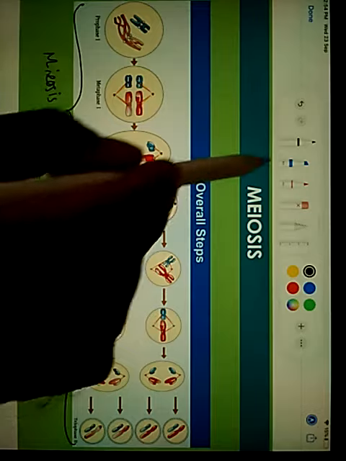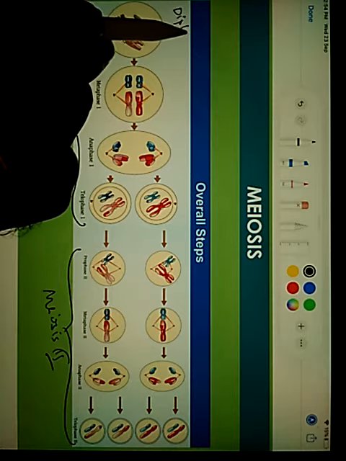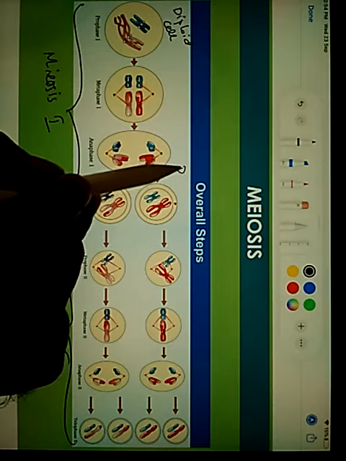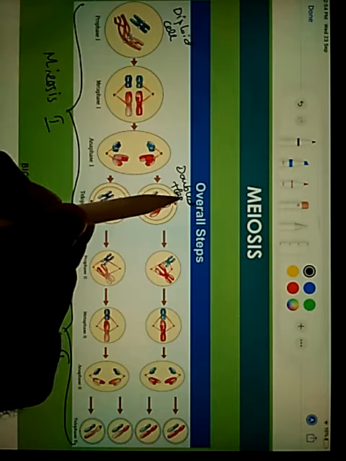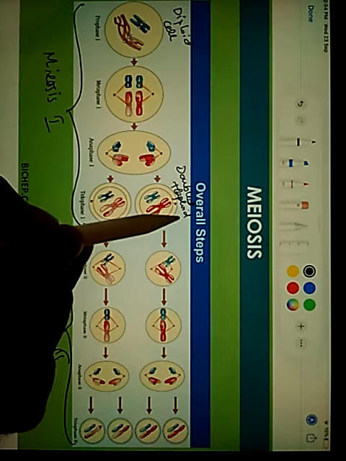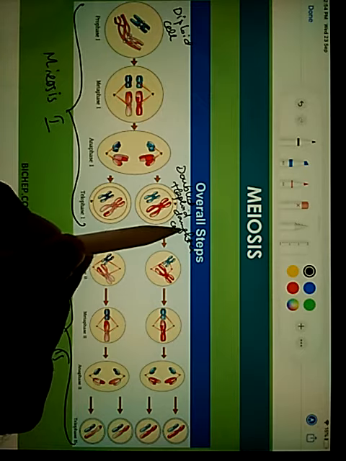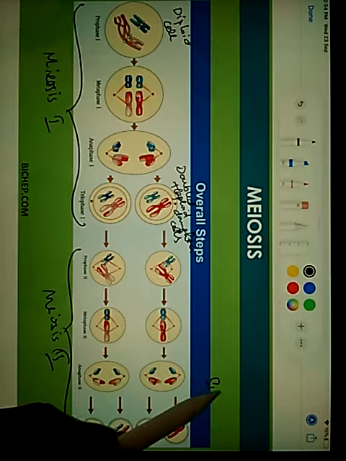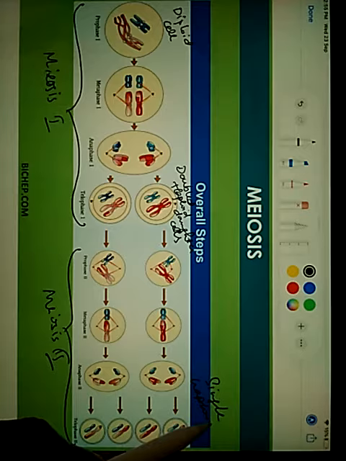If I mention the cell types, this is a diploid cell, these are doubled haploid daughter cells, and these are single haploid daughter cells.